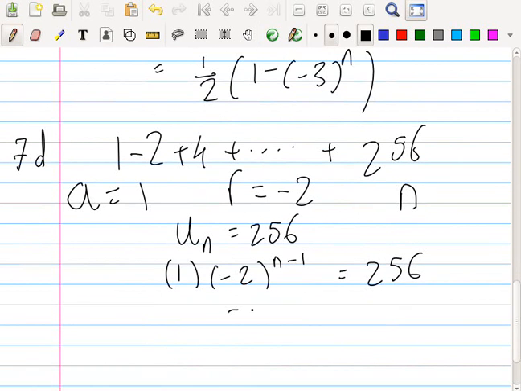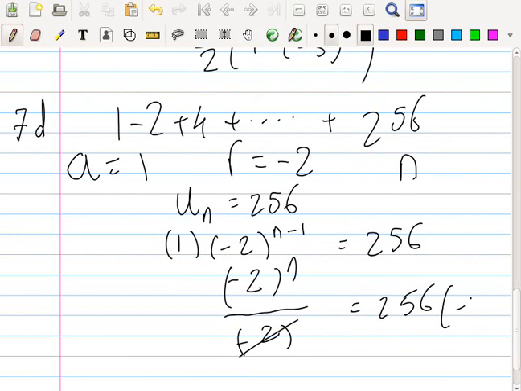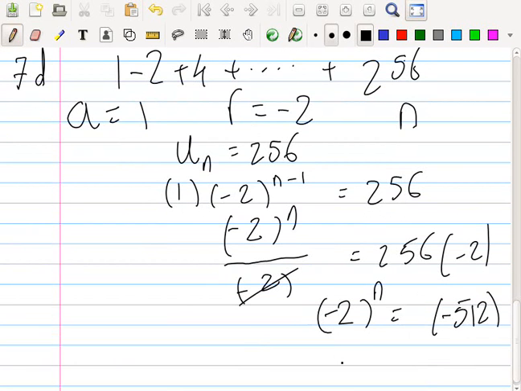Let's use our trick again. This is minus 2 to the power of n over minus 2 equals 256. I can bring this up here. So I get minus 2 to the power n equals minus 512, which is minus 2 to the power n: 2, 4, 8, 16, 32, 64, 128, 256, 2 to the power 10? Is 512 2 to the power 10?